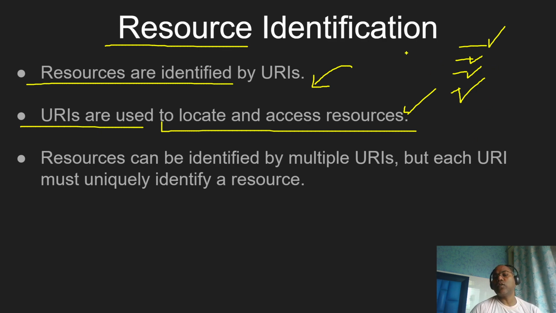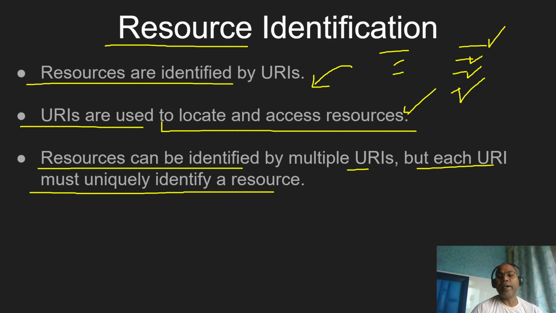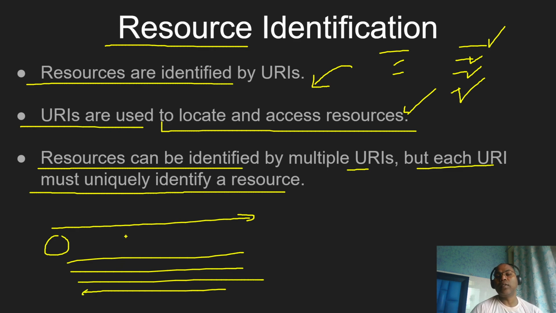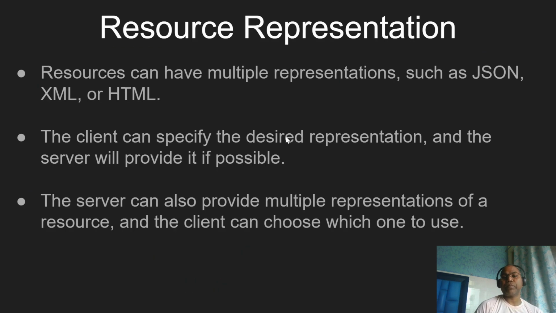So each and every resource must be uniquely identified by a URI. The objective of the URI is that every resource can be uniquely identified, so that if I ask for the same URL every time, I get the same data. So this data can be cached.